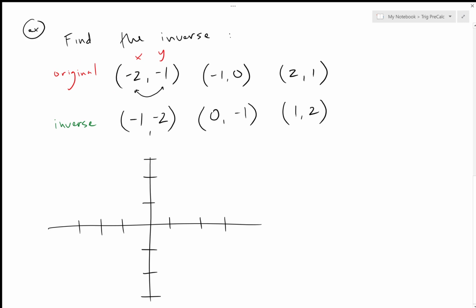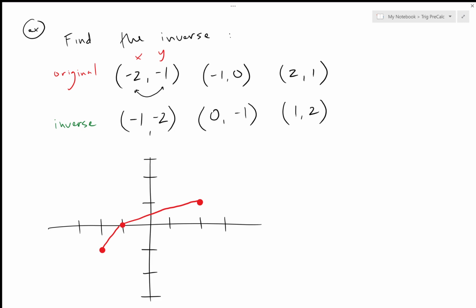So -2, -1: back 2, down 1. -1, 0: that's back 1, and then no up and down. And the last one is 2 over and 1 up. We don't have a lot of points, but we can connect these just generically, like so. I can do better. Oh no, made it worse. We'll just roll with it.